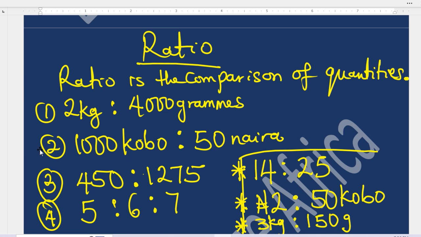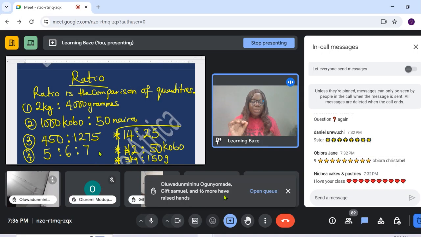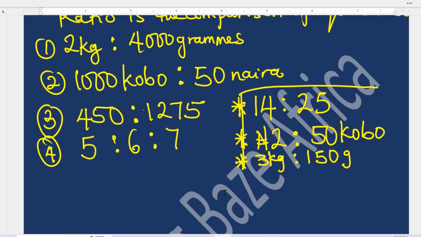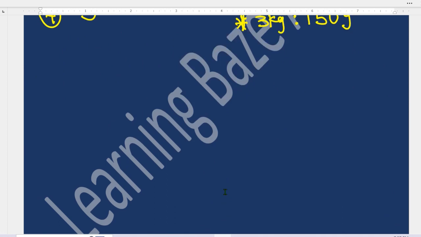So the next thing we're going to learn is how to express ratio as a fraction. Before you can do anything that has to do with ratio, you have to express it as a fraction. I hope that is clear. So let us express some ratio as fractions.